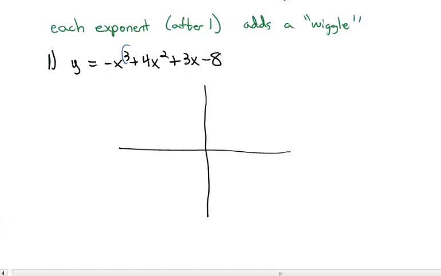The leading exponent is odd. It's also negative. So it's going to come in from the top left, come out the bottom right.